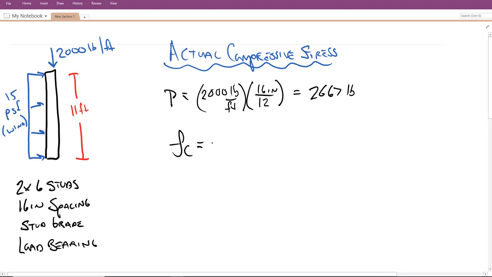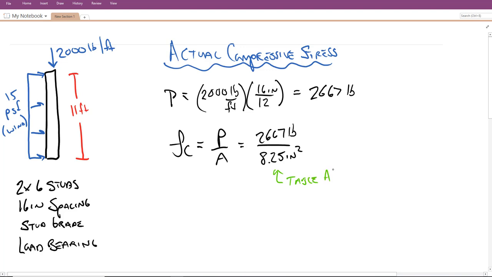The actual compressive stress, F sub C, then is equal to the point load divided by the area. So I got 2667 pounds. We can go to table A1A in the textbook, and for a 2x6 we find that the area equals 8.25 inches squared.